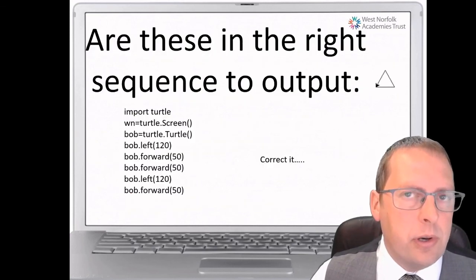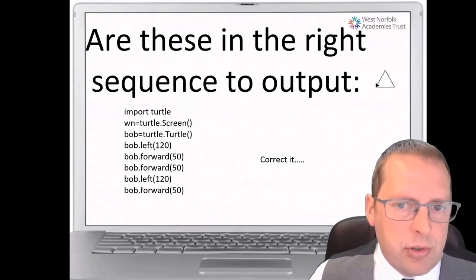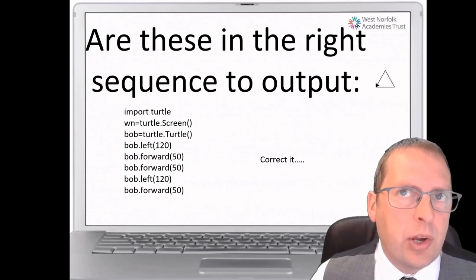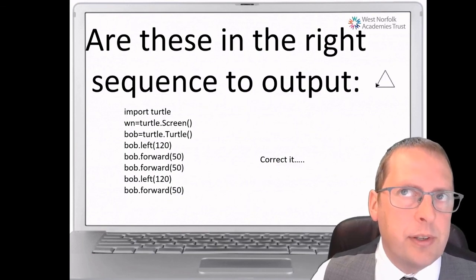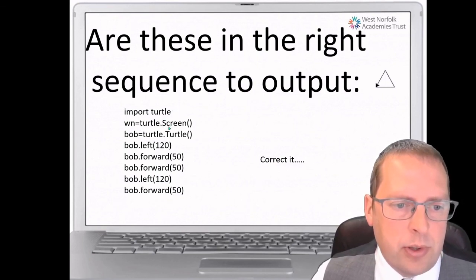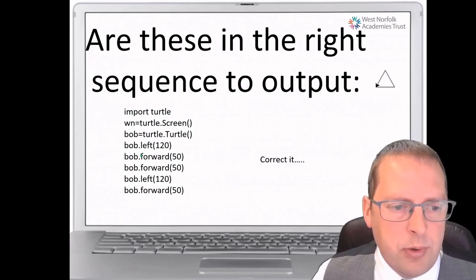So now you can look at the instructions here and try to work out, are the instructions in the correct order? Is there something wrong with this? We've imported turtle, window turtle.Screen(), Bob equals turtle.Turtle(). Bob.left 120.